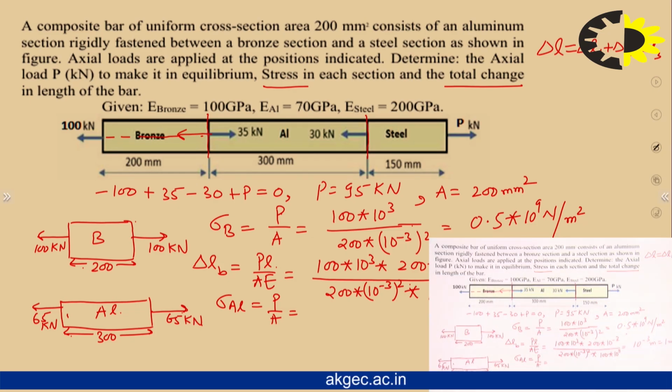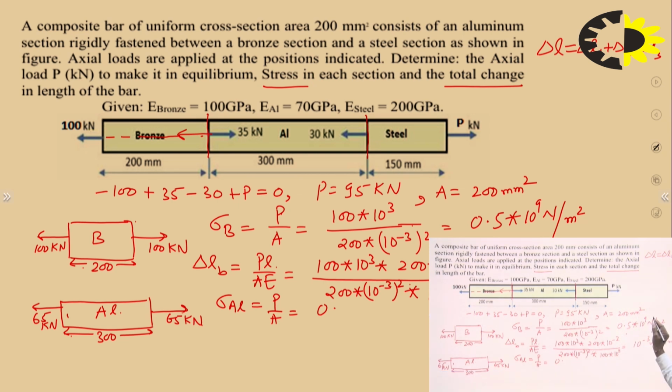Are you calculating? No? So I am writing the answer for your reference. You can match your answer with this. The stress will be, this is Newton per meter square.